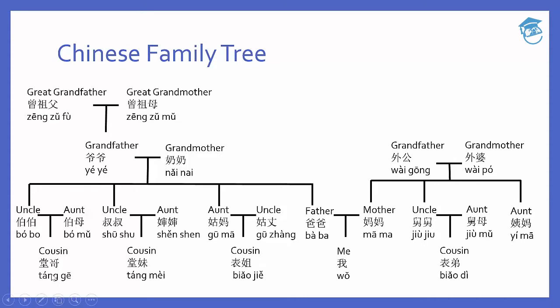So that's cousin. For 堂哥, he is elder than me. If we are referring to 叔叔的女儿, if she's younger than me, I call her 堂妹. If she's elder than me, I call her 堂姐.